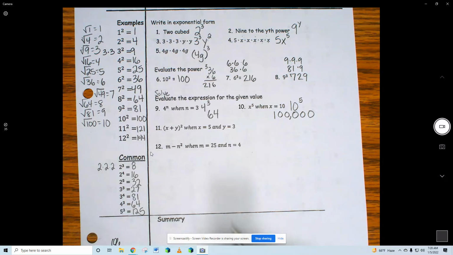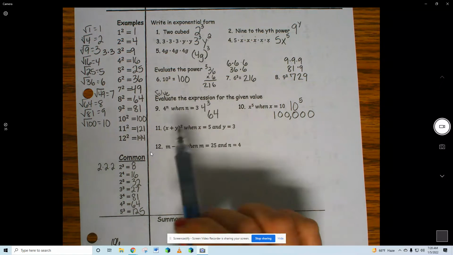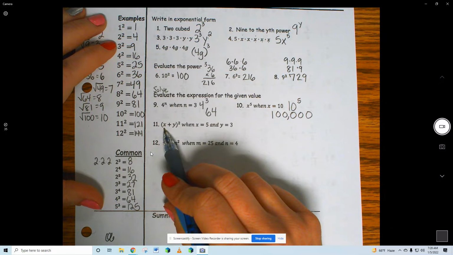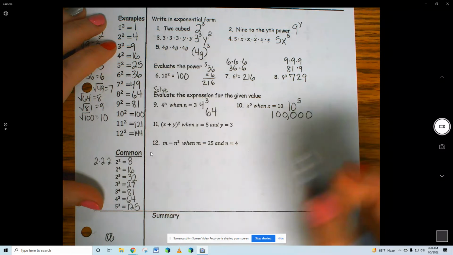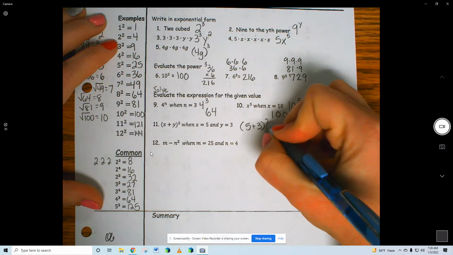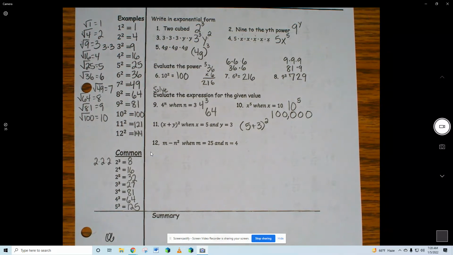Number 11, x plus y squared. So instead of x, I'm going to put a 5. Instead of y, I'm going to put a 3. 5 plus 3 squared. What does order of operations say that I do first? Parentheses. So add the 5 plus 3 first.